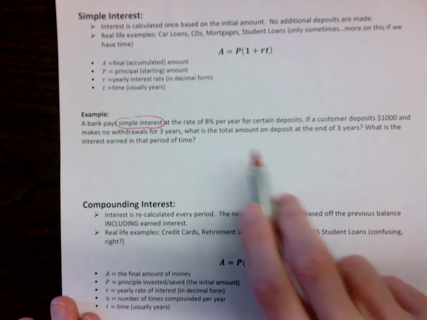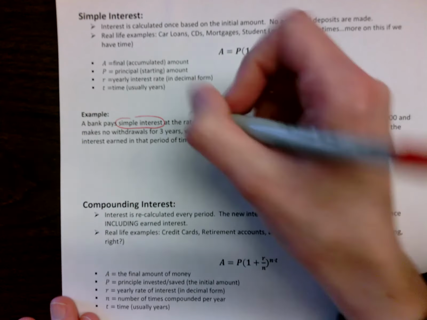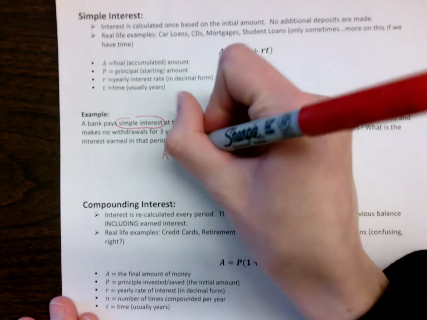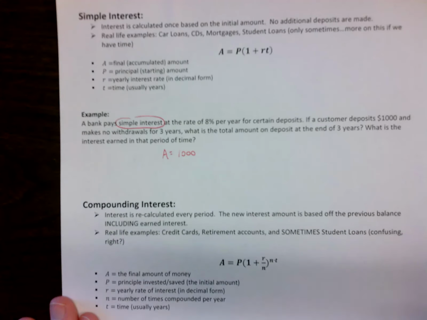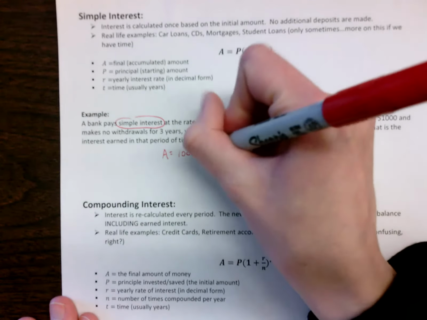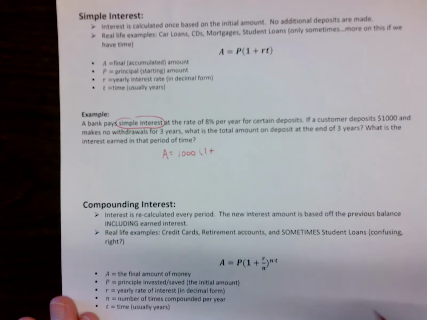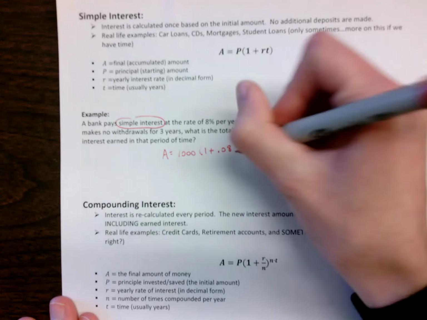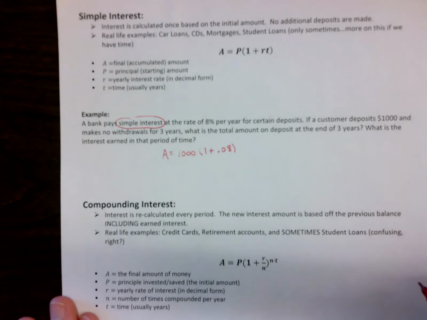All right, we want to know the total amount at the end of 3 years. So our final amount is our principal, which is $1,000, times 1 plus your rate. Make sure you write that as a decimal, so 0.08 instead of just 8.